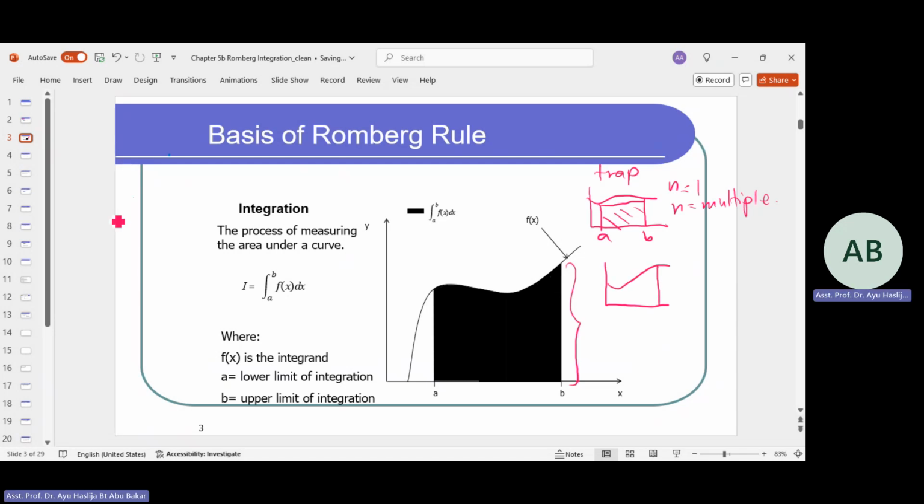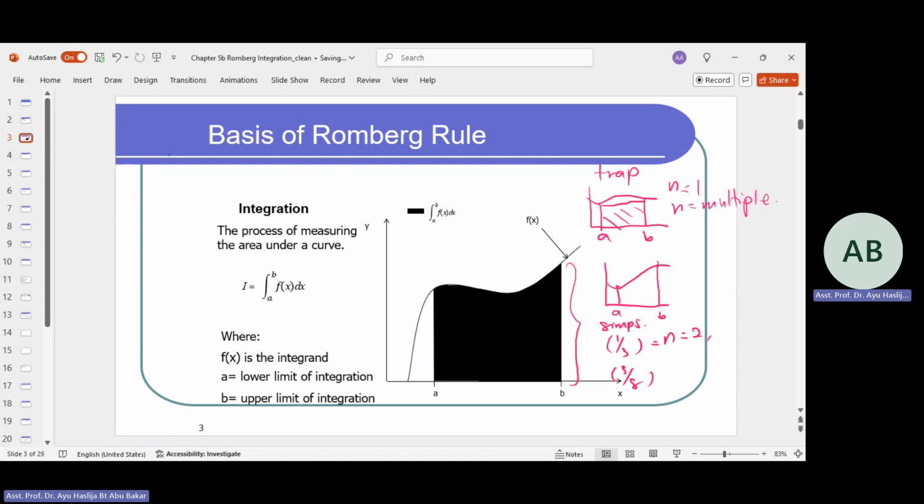For Simpson, we still find the area under the curve. But for Simpson, you have 1/3 and 3/8, right? For Simpson 1/3, the minimum is 3 points, so minimum n is 2.